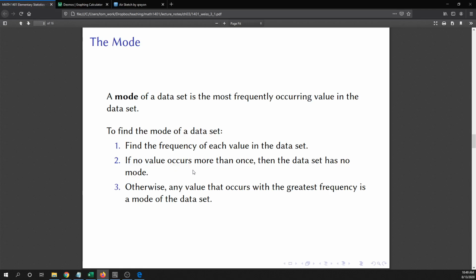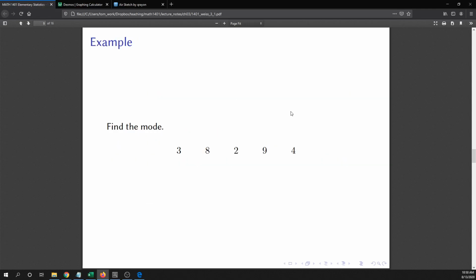If no value occurs more than once, then the data set has no mode. So it is possible that there is no mode. Otherwise, any value that occurs with the greatest frequency is a mode of the data set. So a data set can have more than one mode.